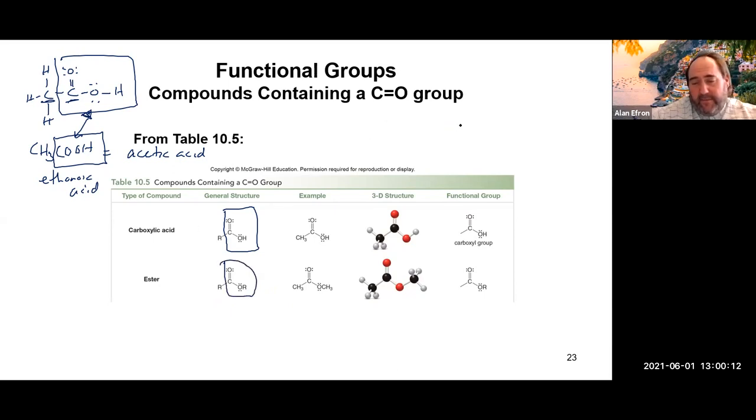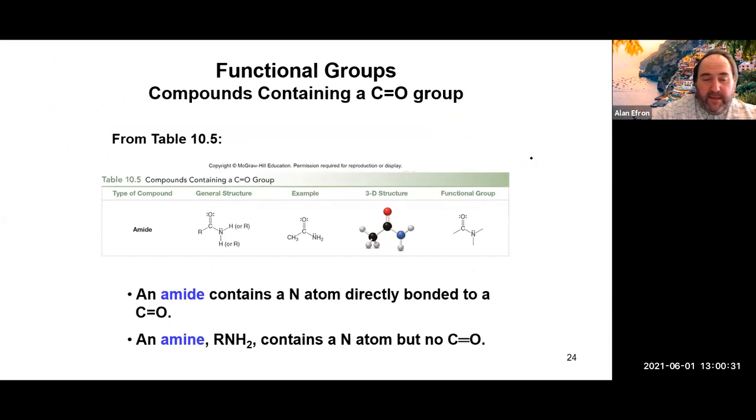An ester also has a carbonyl group, but it has no hydrogen on the oxygen; it is connected to a carbon. So this is an ester, basically made from a carboxylic acid and an alcohol. And again, here's our amide, which is basically a carbon-oxygen double bond with a nitrogen-hydrogen, our amide group that is present there.